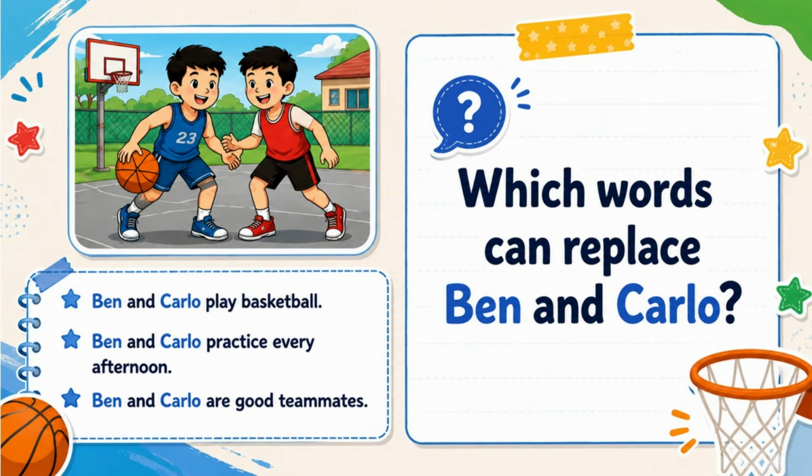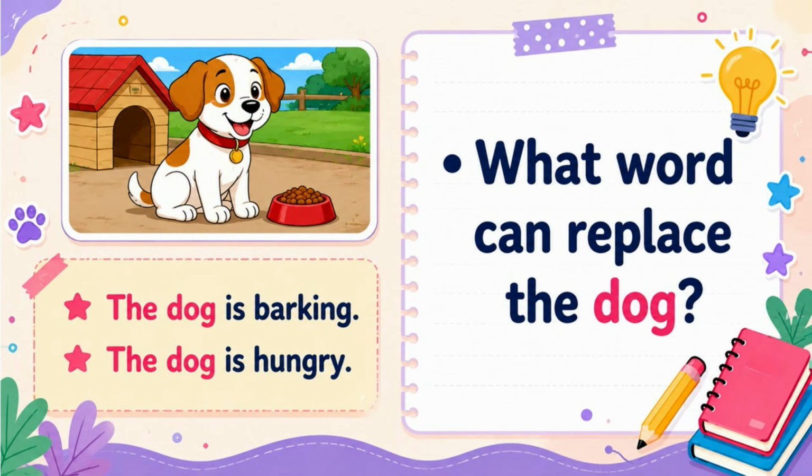Let us have this example. Ben and Carlo play basketball. Ben and Carlo practice every afternoon. Ben and Carlo are good teammates. Which words can replace Ben and Carlo? The dog is barking.